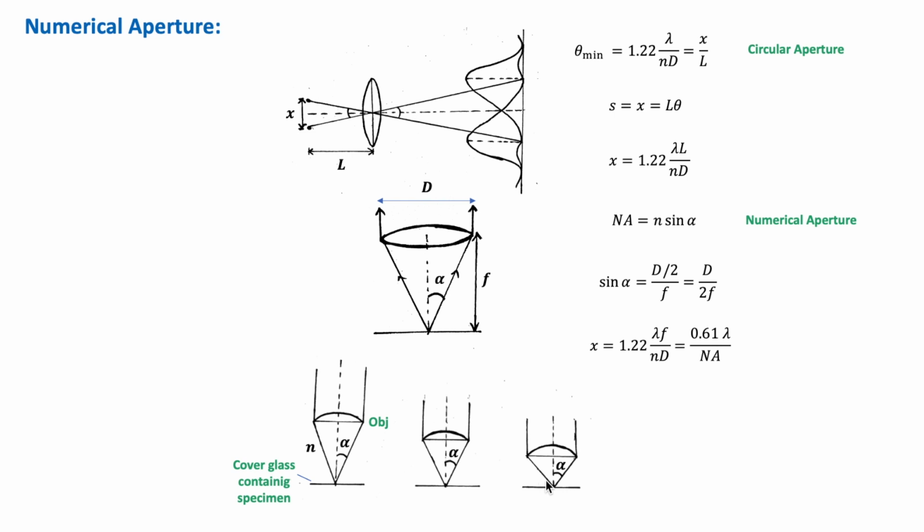The refractive index n in the equation is of the medium between the cover glass and the front lens of the objective, and this medium can be air, water, or oil. As you can see, objectives with a shorter focal length have a wider angular aperture and therefore have a higher numerical aperture and resolution.